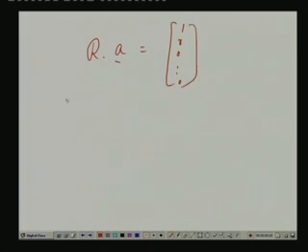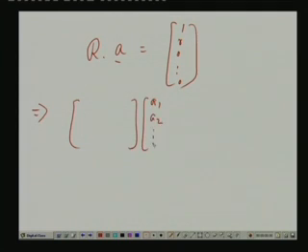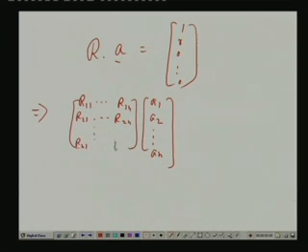Now, suppose we look for a solution like this, we solve an equation R A equal to, say, 1 0 0 0.